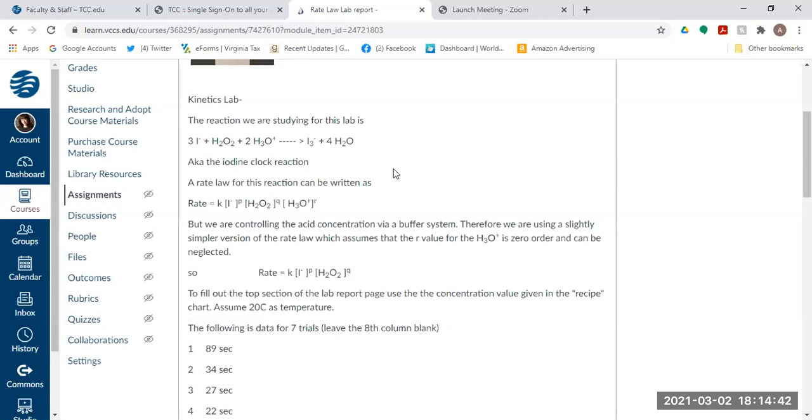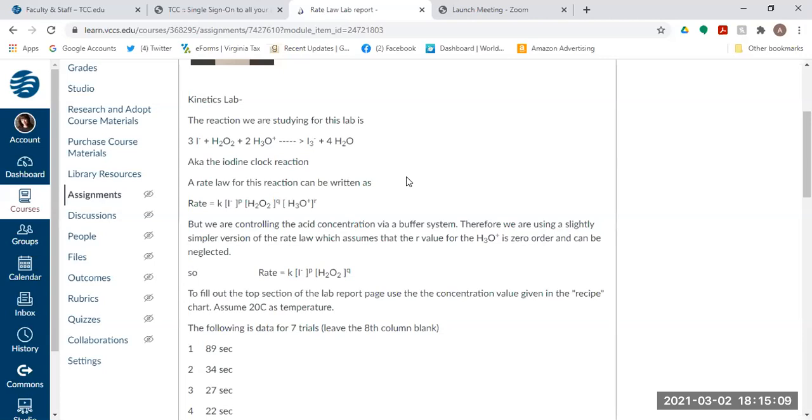We're also simplifying this a little bit in that if I write my rate law, it's going to really only have 2 reactants. We're utilizing a buffer system, which means that your H3O+ concentration actually isn't changing.